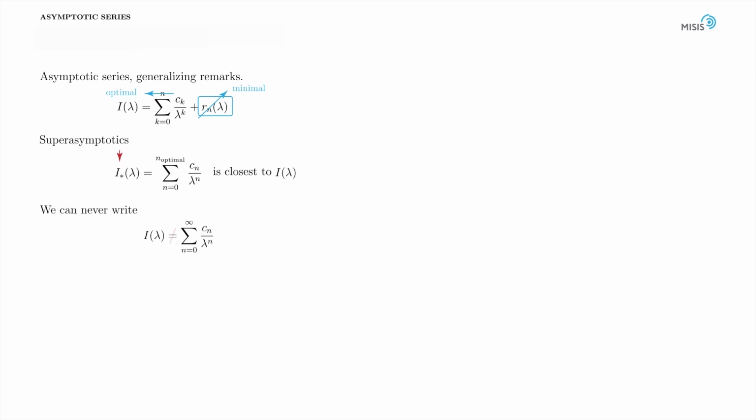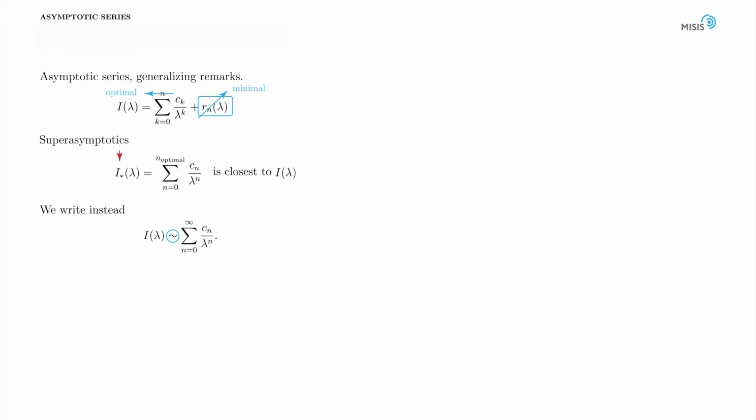So we can never put an equality sign between the function and its full asymptotic expansion. Instead, we write the wave sign. The wave sign should be understood in the sense that the number of terms can always be optimally chosen, and the series has unremovable minimal error for each value of lambda.